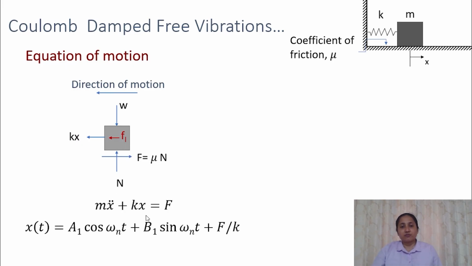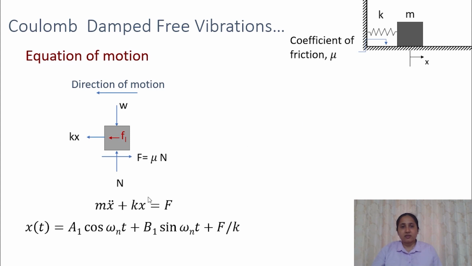The solution of this type of differential equation is A1 cos omega n t plus B1 sin omega n t, which is the free vibration response of the undamped system, plus the effect due to this constant force, that is F by K. This is equal to a static displacement, if F is the force and K is the stiffness of the spring. This is equivalent to a static displacement. Omega n, as we know, is the square root of K by M.